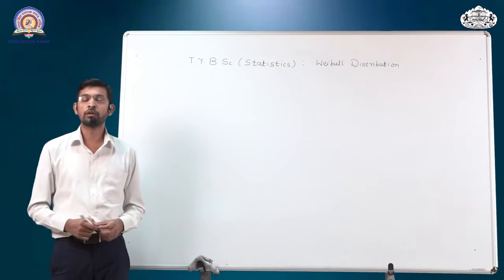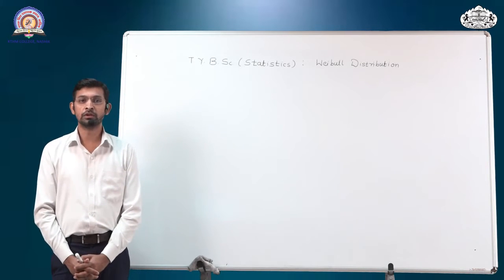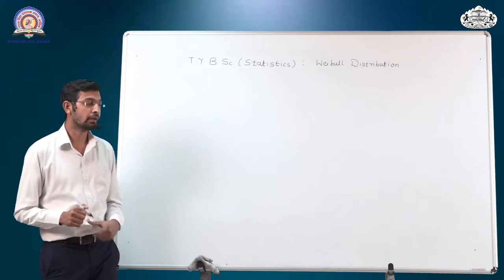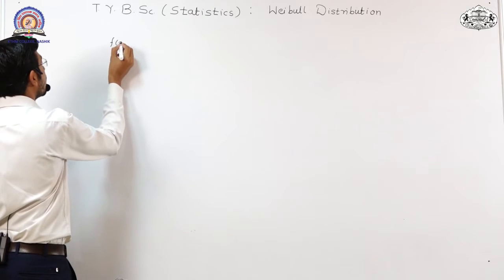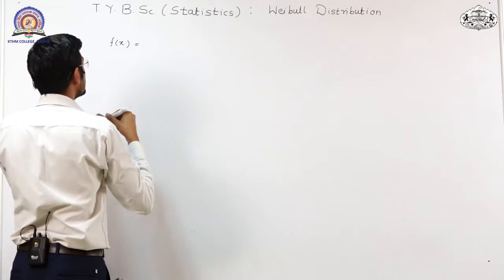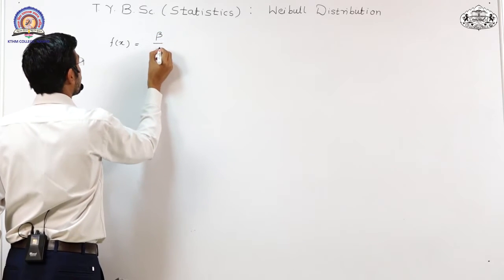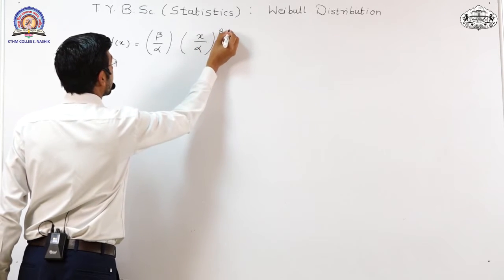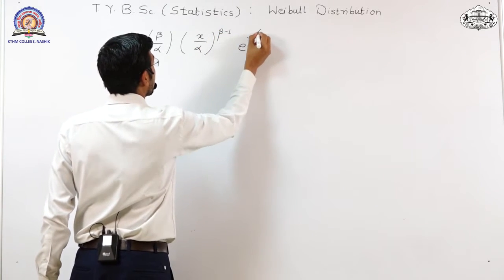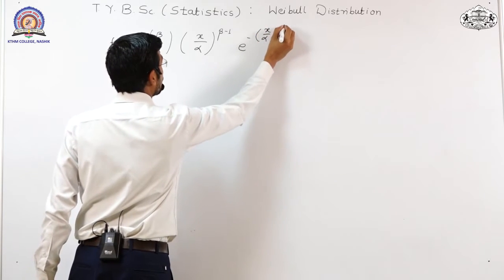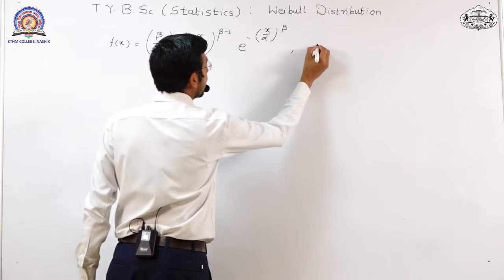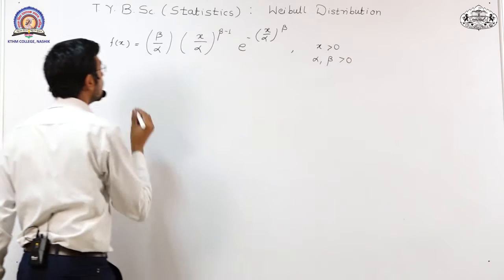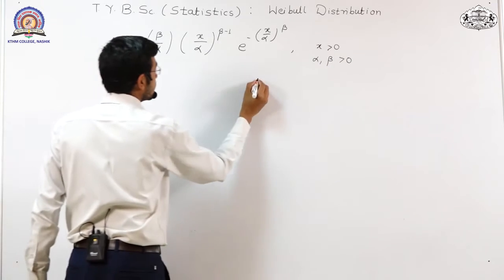A continuous random variable x is said to follow the Weibull distribution with parameters alpha and beta if its PDF is given by f of x is equal to beta upon alpha, x upon alpha raised to beta minus 1, e raised to minus x upon alpha raised to beta, where x is greater than 0 and parameters alpha and beta must be positive, 0 otherwise.